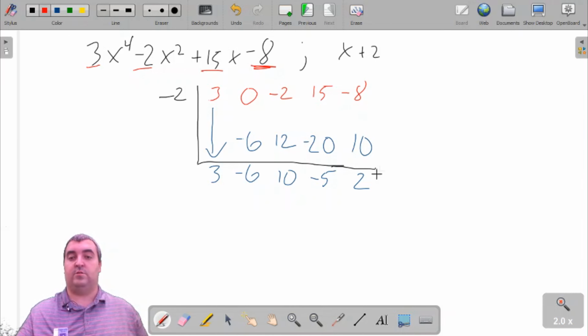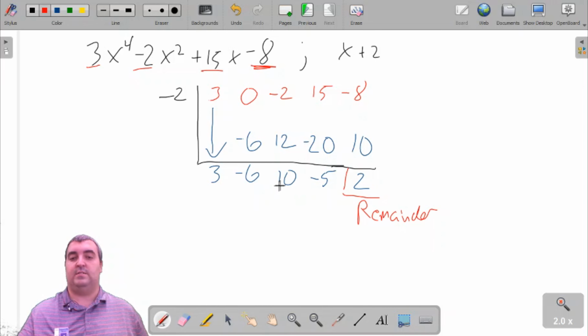So this first term, I always like to start from the right side instead of the left. It doesn't really matter though. So if you're starting from the right, this is always your remainder. We hope this is 0, but it's not. So it just means that x plus 2 isn't one of our factors, right?